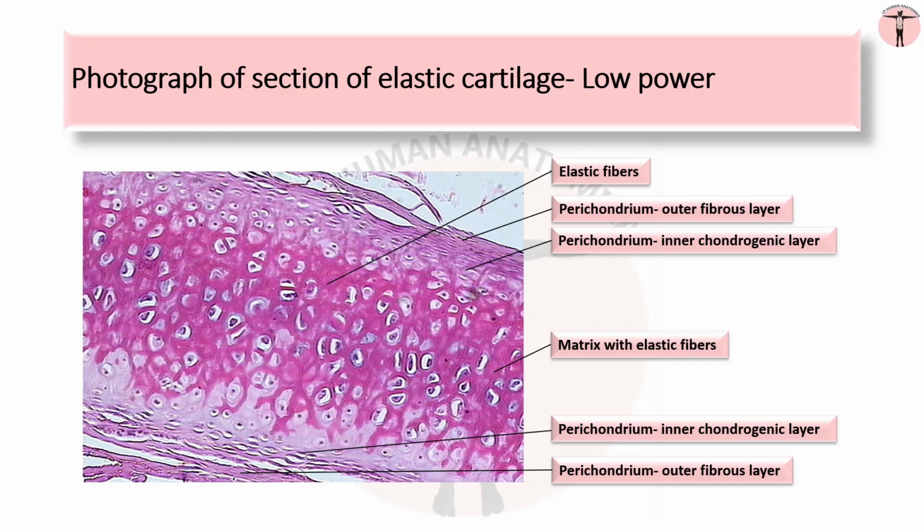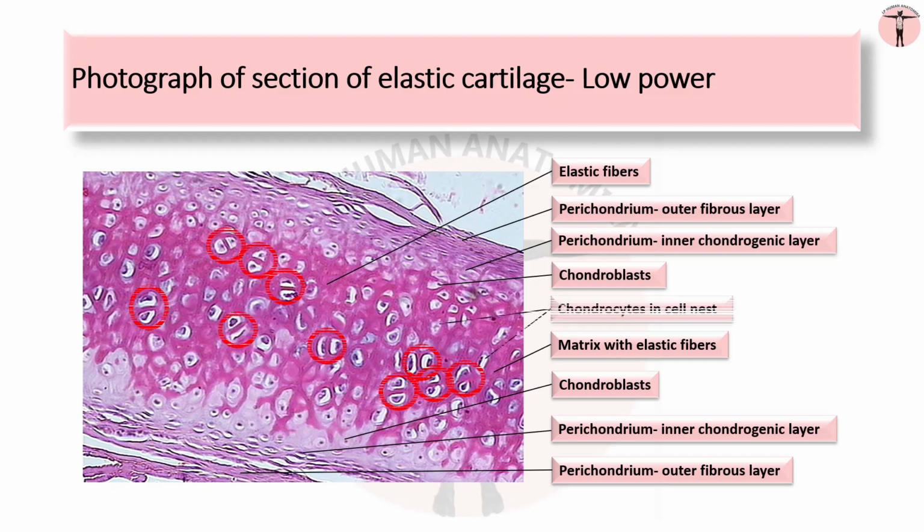Deep to the inner layer of perichondrium are the chondroblasts, observed singly, and towards the center are chondrocytes, present in two cells as isogenous groups or cell nest, which are lodged in the lacunae. Numerous cells with less matrix can be seen in this section.